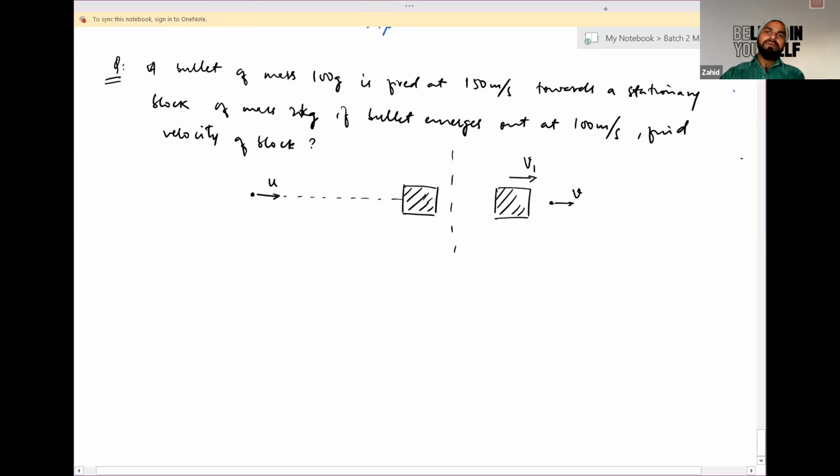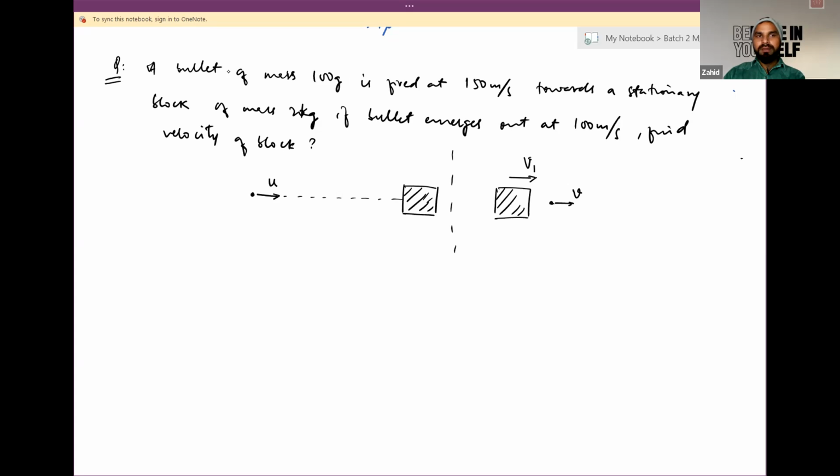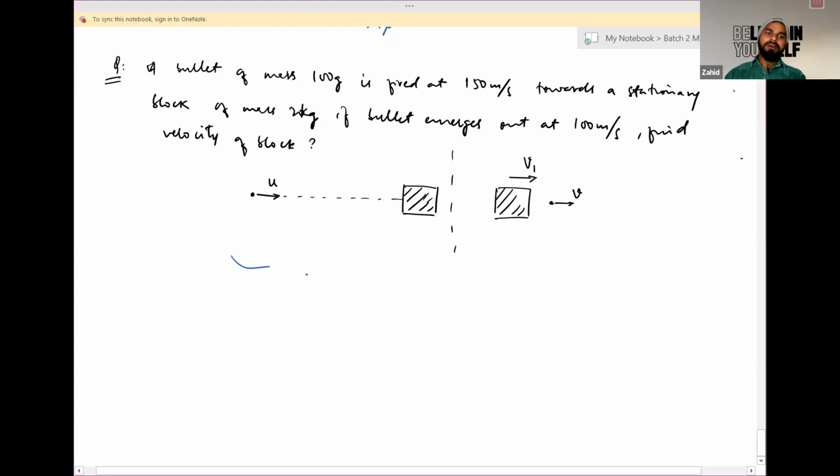According to conservation of linear momentum, total momentum before and after should be equal. Initially, only the bullet was moving, so mass of bullet into its velocity. The block was initially at rest, so it will be 0, equals to mass of block into its velocity plus mass of bullet into its emerging velocity.